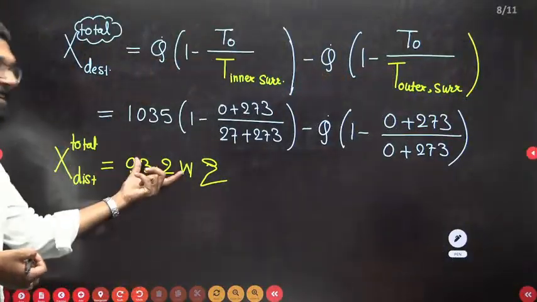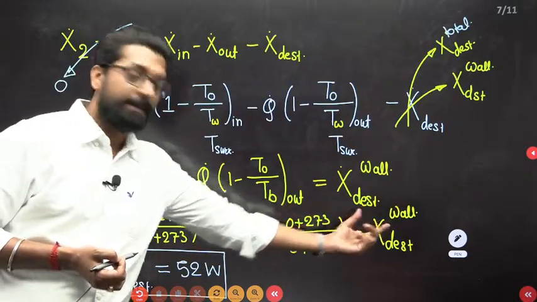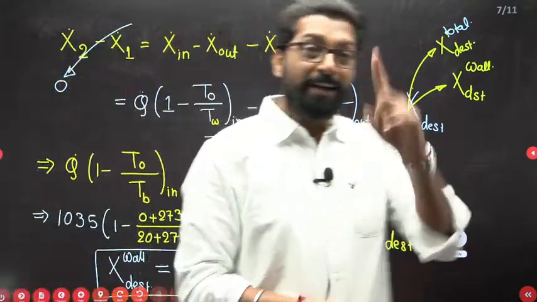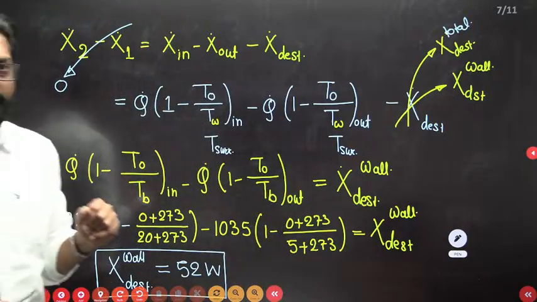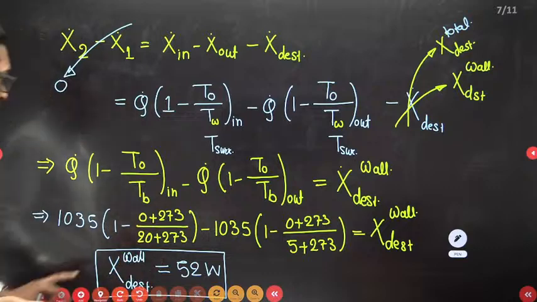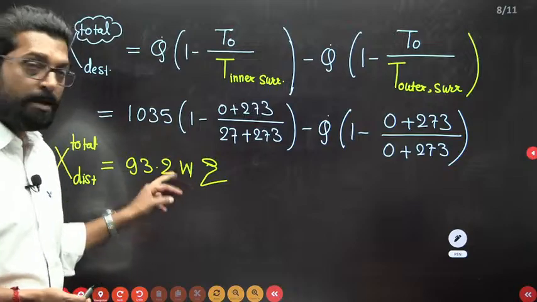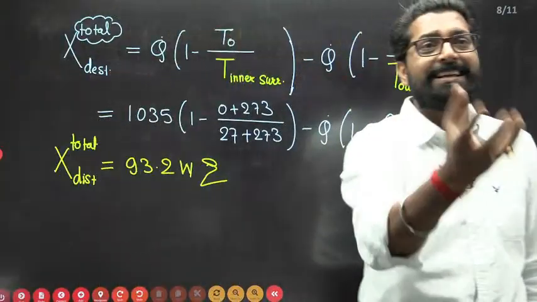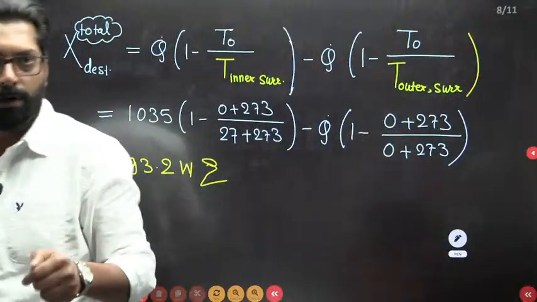This is your total exergy destruction, and this is your wall exergy destruction. This is the exergy destruction due to the wall, and this is the exergy destruction due to the total, responsible heat. If you differentiate that, there is also exergy destruction, and who is the responsible fellow? That is my question. Please think about that one.